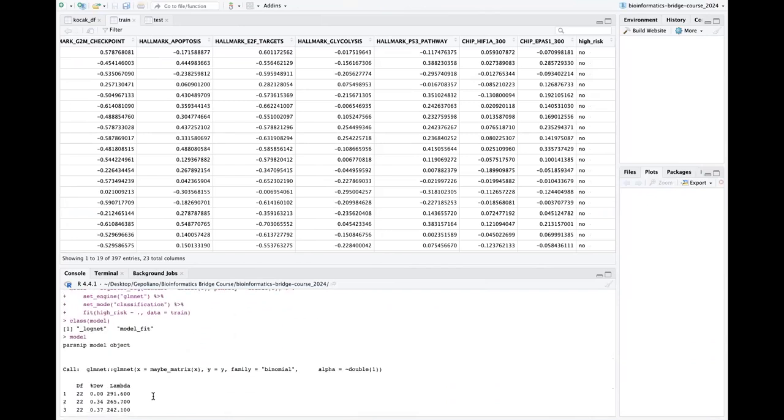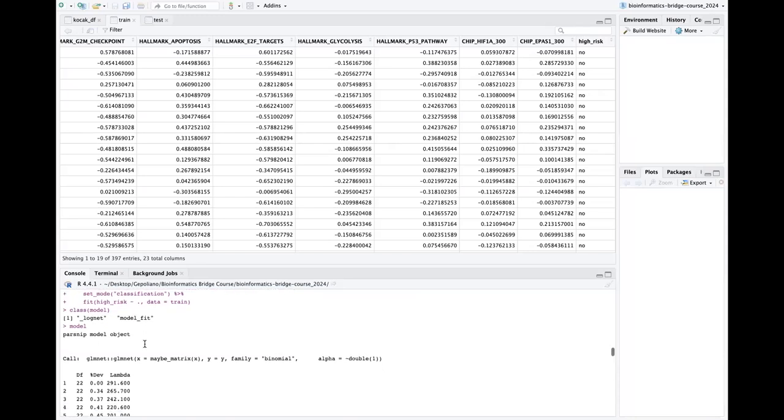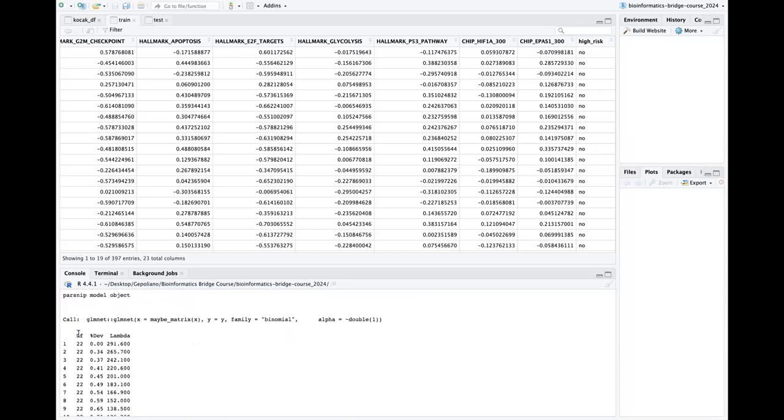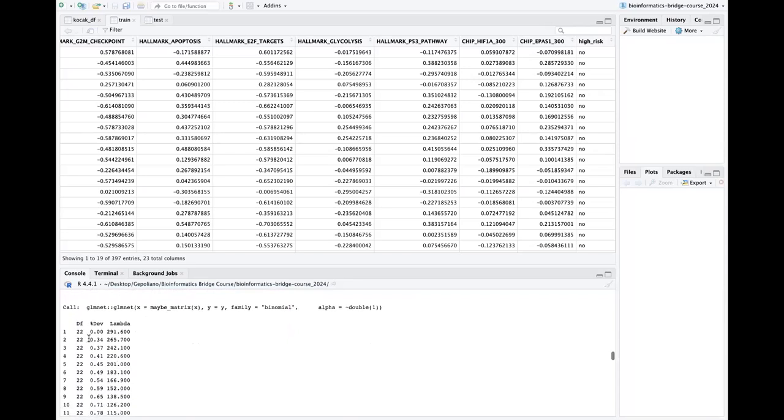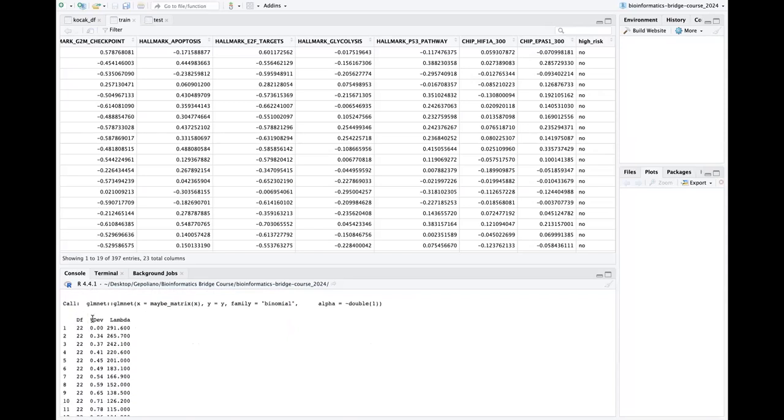If I look at the object itself, it tells me it's a parsnip model object, and then it tells me what the call was, and it shows me this object with a df, percentage dev, and lambda columns.